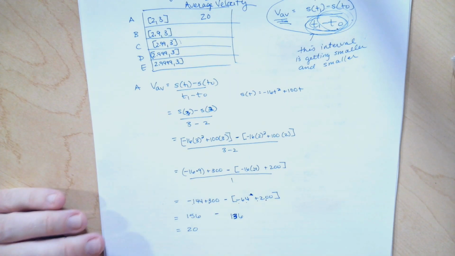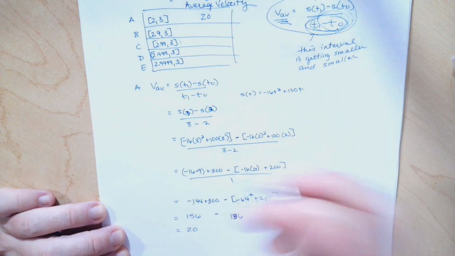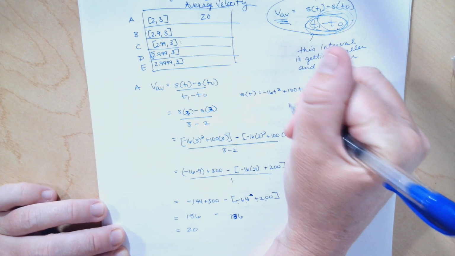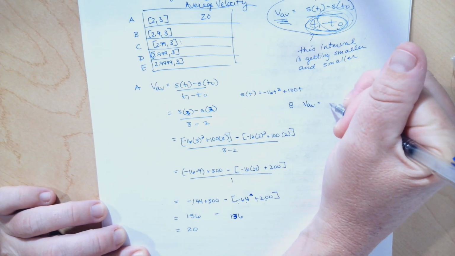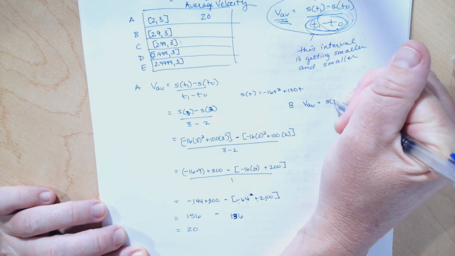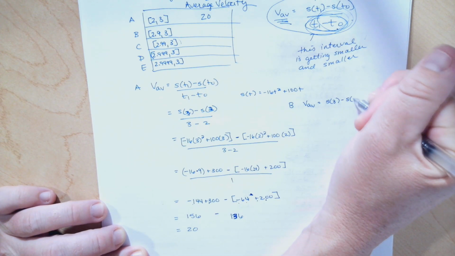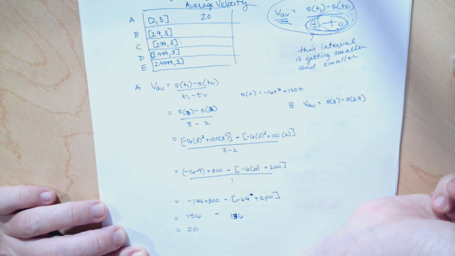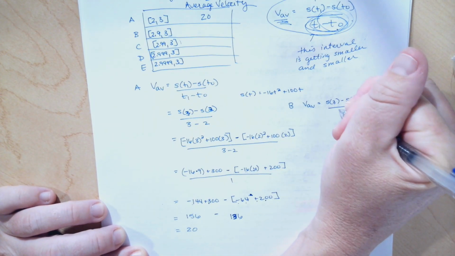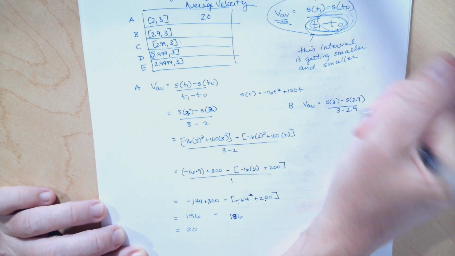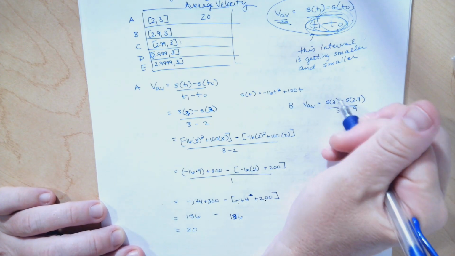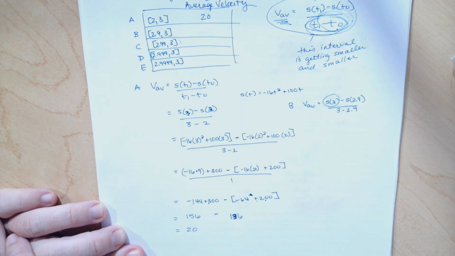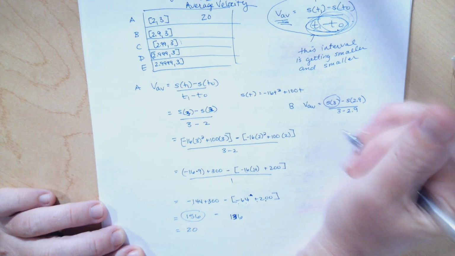Okay, and then you're going to have to do the same thing with B. I'll do B over here. V average is going to be S of 3 minus S of 2.9 over 3 minus 2.9. Now I know S of 3 hasn't changed, so S of 3 was 156.